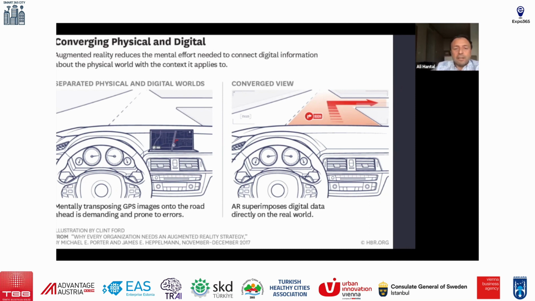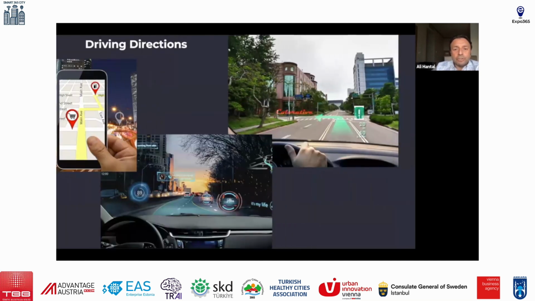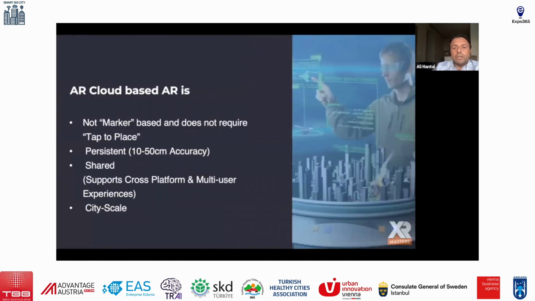So then, AR cloud-based AR does not require markers or does not require the user to tap to place the digital content. AR Cloud is capable of providing shared and persistent AR experiences, 10 to 50 centimeter accuracy, as opposed to the tens of meters in GPS, which can be city or country scale. It could be large scale.